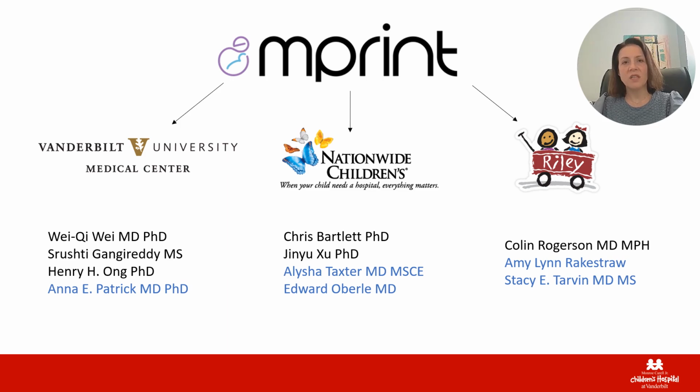The next step was to take these algorithms and apply them across multiple sites. So we used our friends within the Imprint network, and we had sites at Vanderbilt, Nationwide Children's, and at Riley's. And the people who participated and were essential in this process are listed below each site. The people whose names are listed in black are bioinformatics personnel, and the people who are listed in blue are pediatric rheumatology providers.